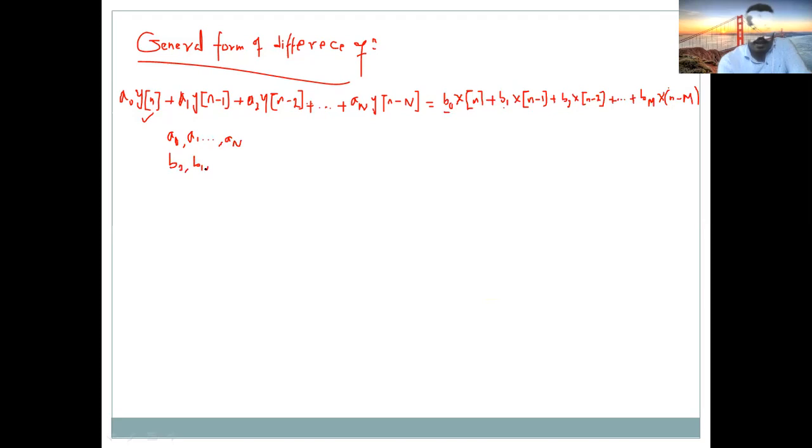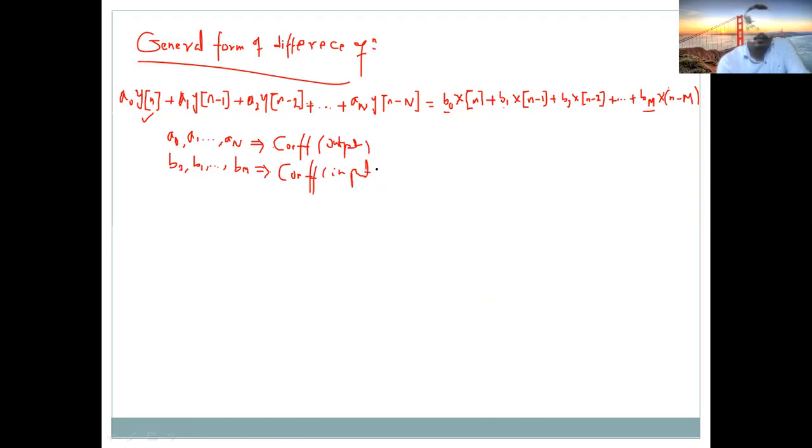B1 up to what? It goes up to BM. So these are coefficients on the output side, and B0 up to BM are also coefficients on the input side.